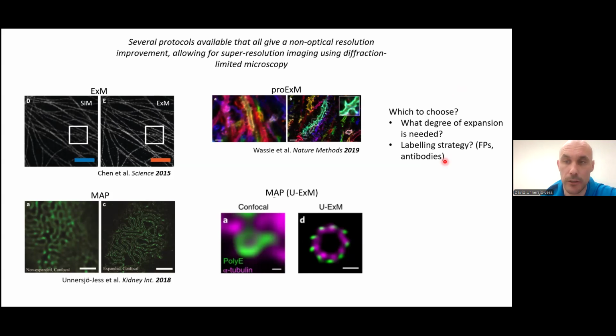And also here, labeling strategy is important. So some of these protocols are better with fluorescent proteins. Some are optimized for antibodies. And again, same question: what imaging modalities do you have access to? So yeah, if you only have very low resolution imaging modalities available, maybe you have to expand your sample more.